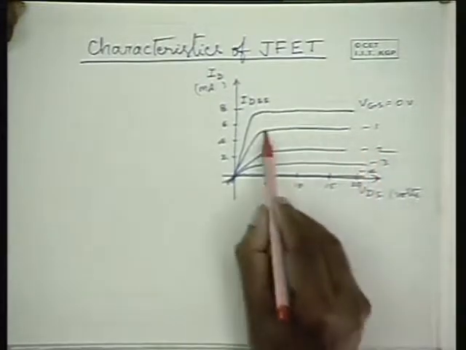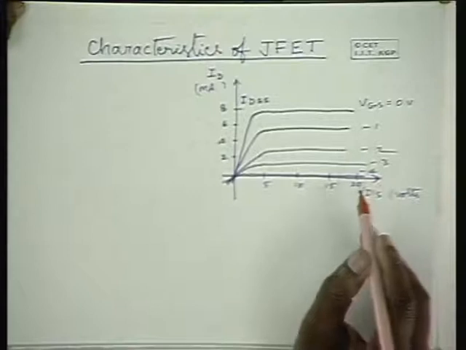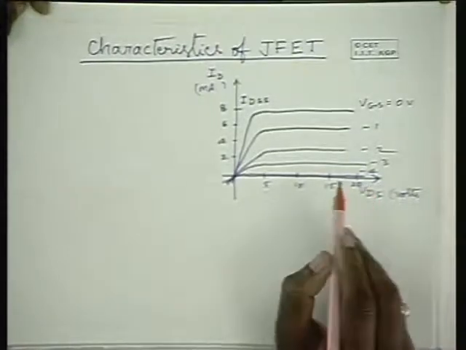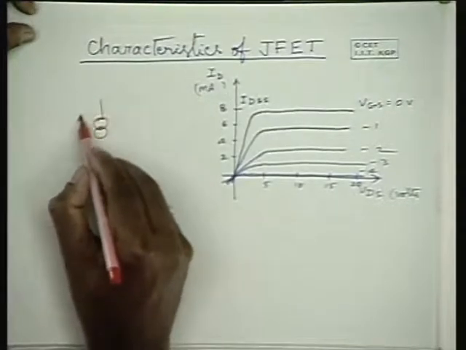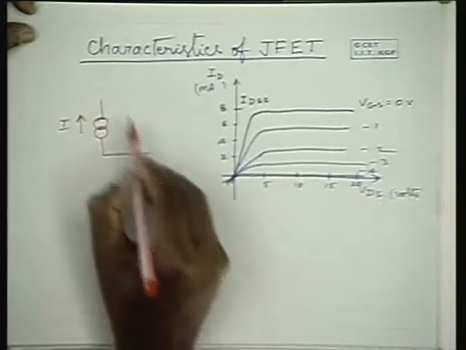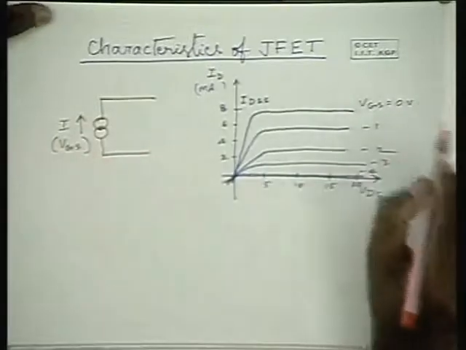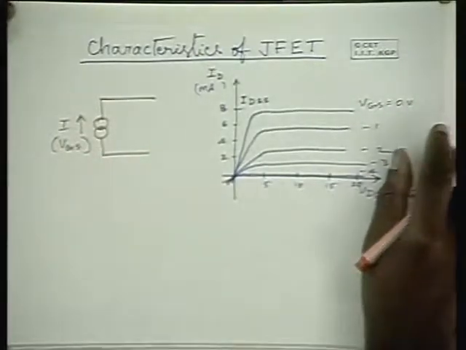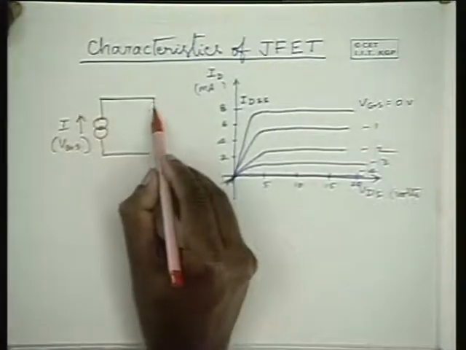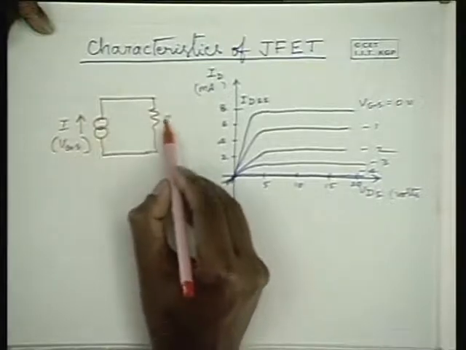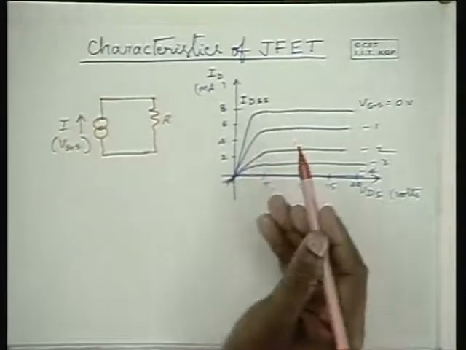Very interestingly, this constant current is a function of the gate to source voltage. Therefore, the device acts like a constant current source, with the current being a function of gate to source potential. This is what is very interesting for us. If you pass this current through a large resistance, you will have a large voltage drop across it.